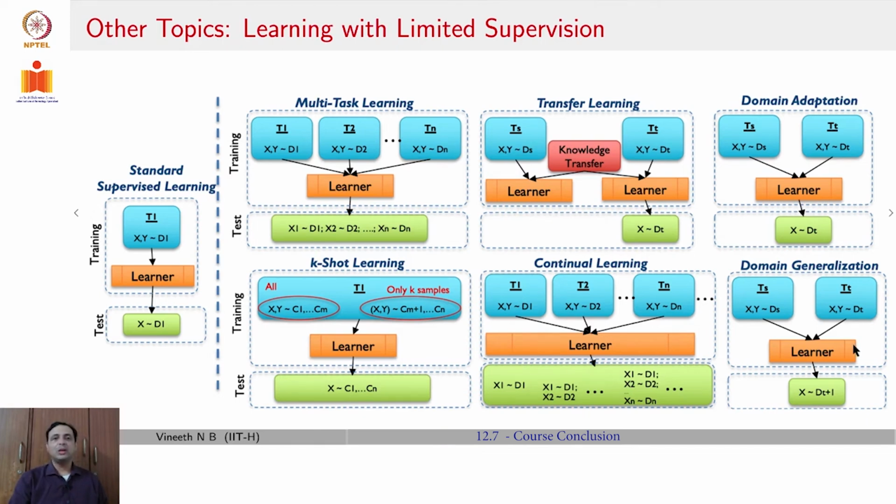The last setting we'll talk about is called domain generalization. You could consider this as an extension of domain adaptation. You have multiple domains, in this case say 2, DS and DT. You train a model, but now the model has to work on a third or different domain, D T plus 1.